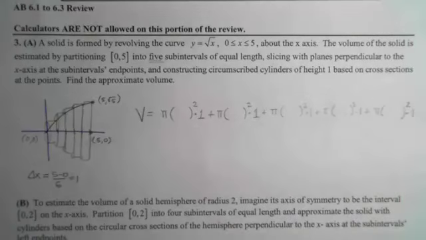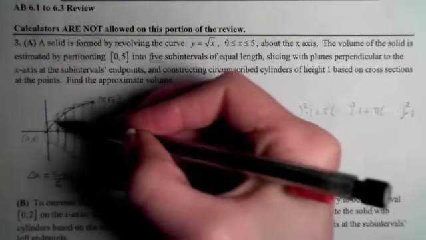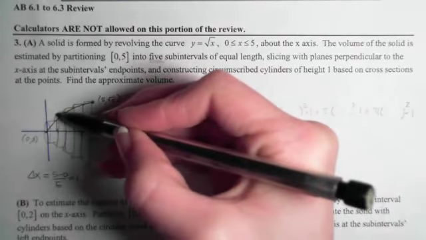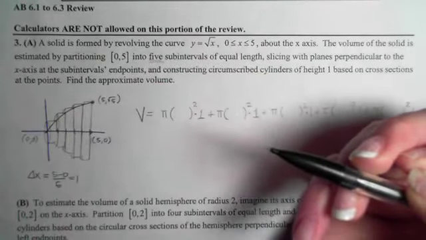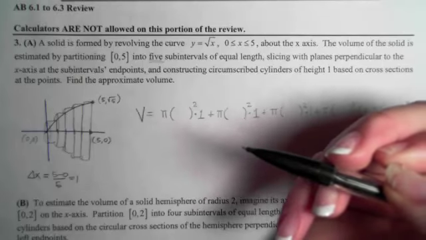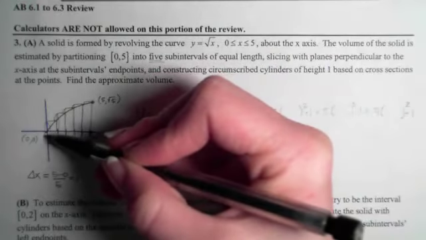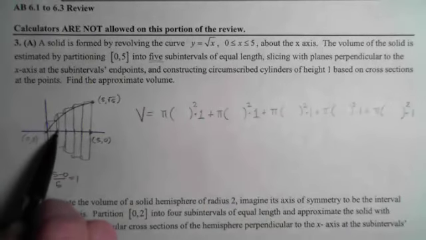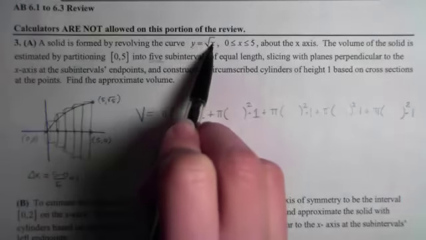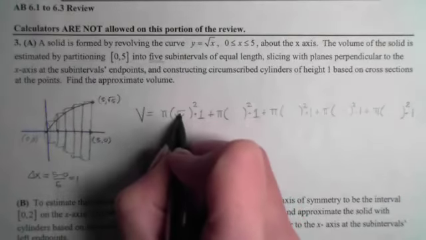To get the radius, we have to realize that the radius in each of these comes from the height, or the y-coordinate, of that strip. That's coming from the right edge plugged into the curve. The first right edge is a 1, so I plug a 1 in and get root 1.